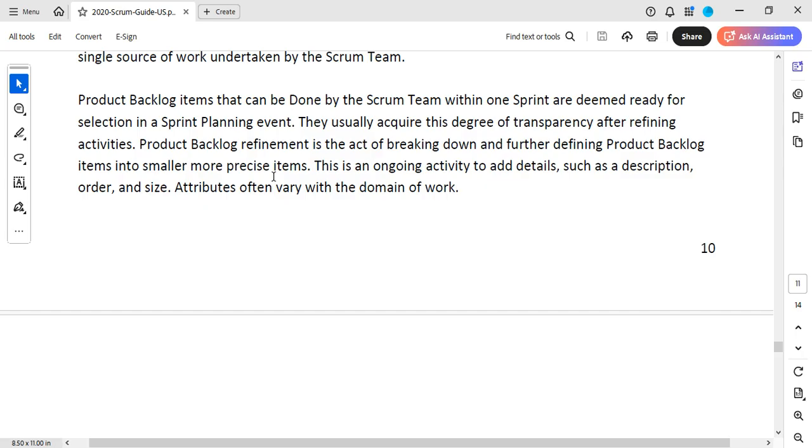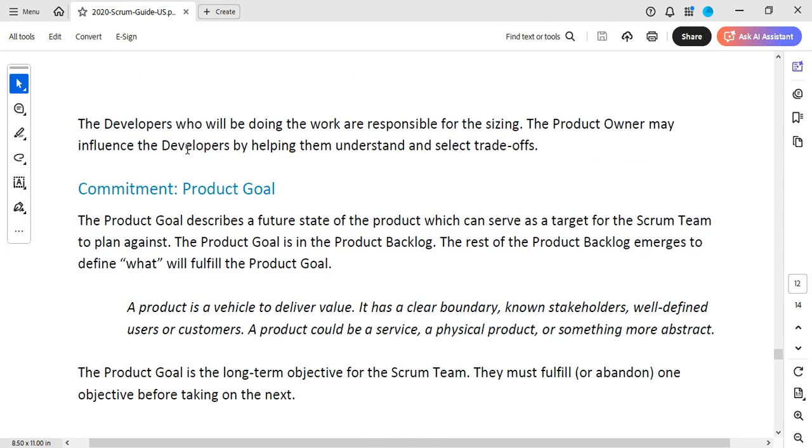Let us make it concise. Let us make it more understandable to those that would be working for us, or those that will be using this. So this is an ongoing activity to add details such as description, order, and size. Attributes often vary with the domain of work. The developers who will be doing the work are responsible for the sizing. Yes.